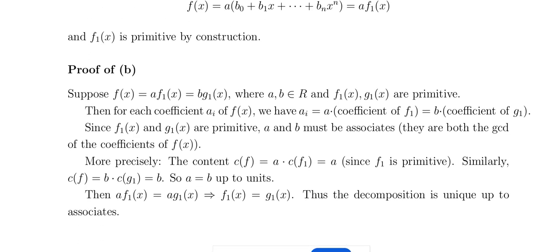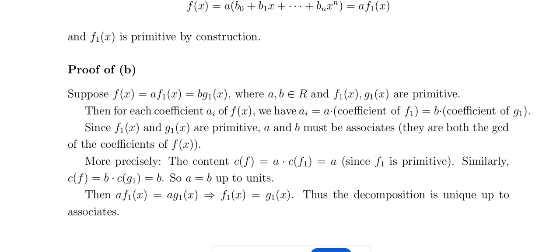The same way, f of x equals a times f1 of x, and g of x equals b times g1 of x, where a, b belong to R, and f1 and g1 are primitive. So the coefficients of f1 of x and g1 of x are primitive. a and b must be associates. Associate means they are both the GCD of the coefficients of f of x.